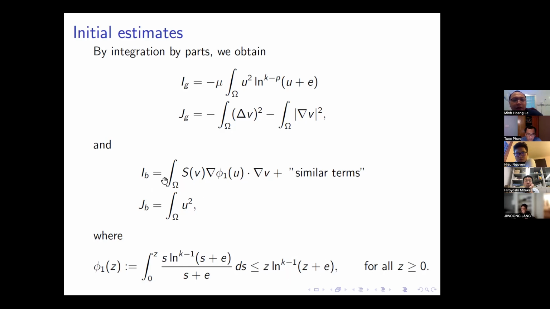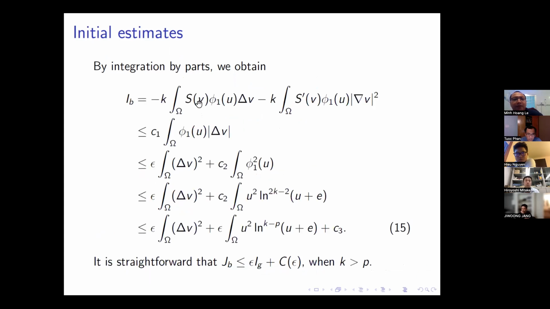So we can handle IB by using integration by parts. By integration by parts, we can rewrite the integral here as this. So that's why we need the non-negativity of f prime. So we can cancel the second term. And then for this, we just apply Young inequality.